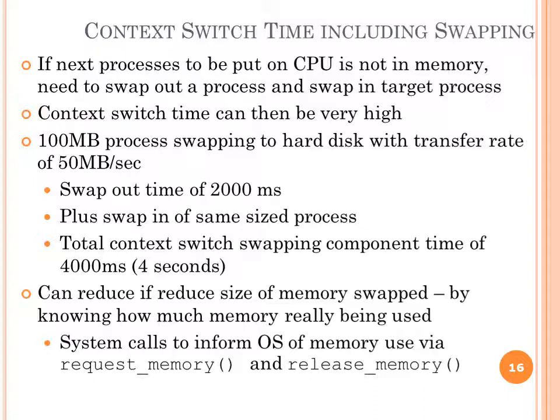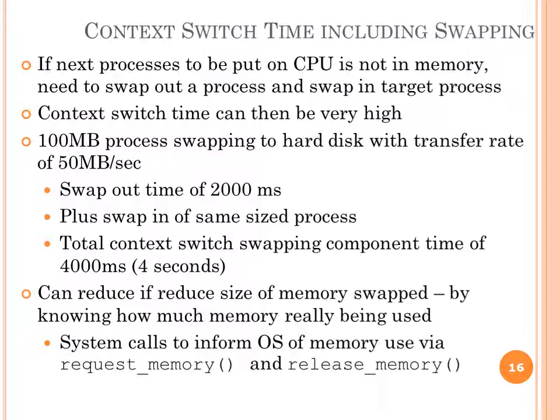Here we will discuss the inclusion of context switch time in swapping. If the next process to be put into the CPU is not in memory, we need to swap out a process and swap in the target process. The context switch time can be very high in such swapping systems.